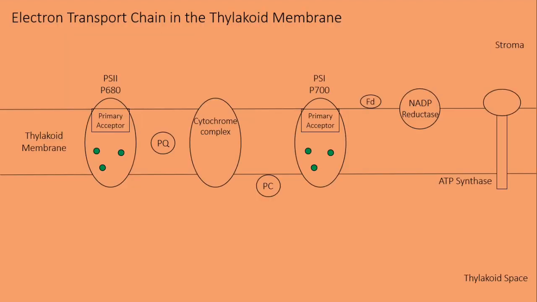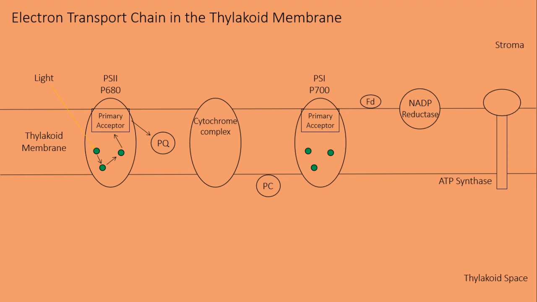So we are here now in the electron transport chain in the thylakoid membrane to discuss the linear electron flow. First, light will strike the pigment molecules in the chlorophyll and excite the electrons all the way to the primary acceptor. Then the electrons will go to a mobile electron carrier called plastoquinone.